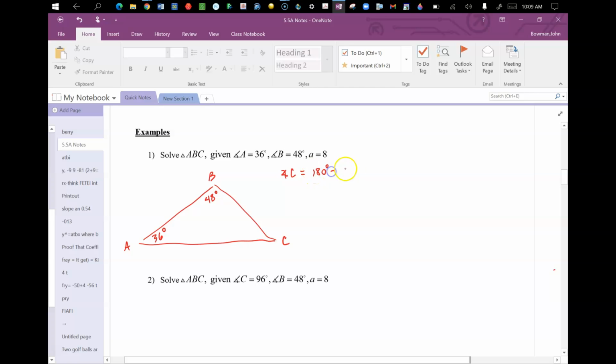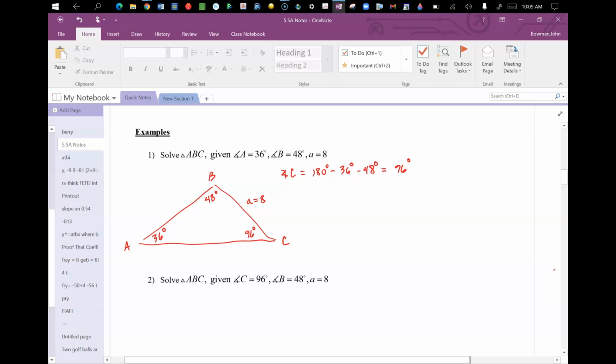So 180 minus 36 degrees minus 48 degrees is equal to 96 degrees. So angle C is 96 degrees. You will notice my triangle is not drawn to scale. Side A is equal to 8.